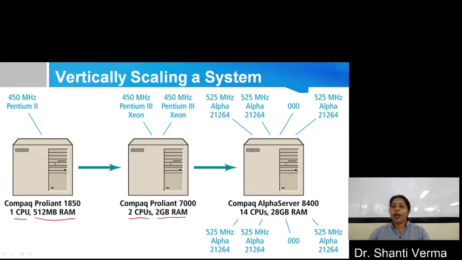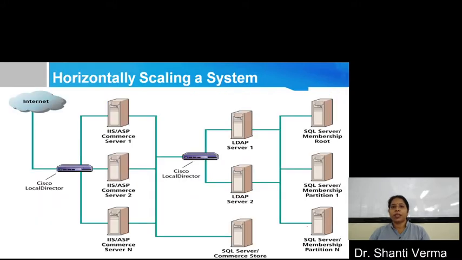Next, you again vertically scale this to 14 CPUs and 228 GB RAM. So if your demand increases, you can vertically scale your CPUs. In vertical scaling, you add different capacity CPUs to meet the demand of the e-commerce website.